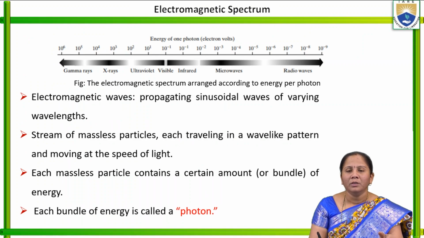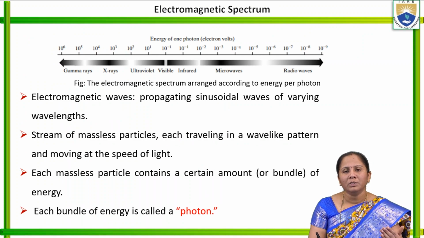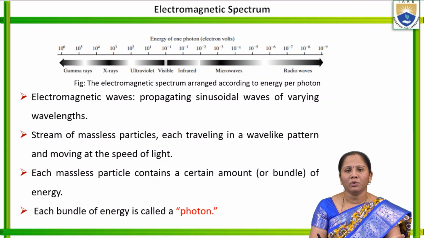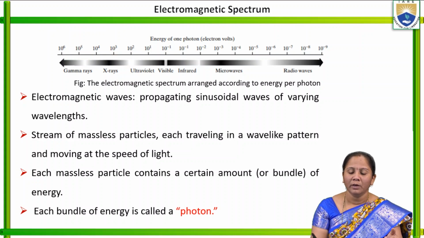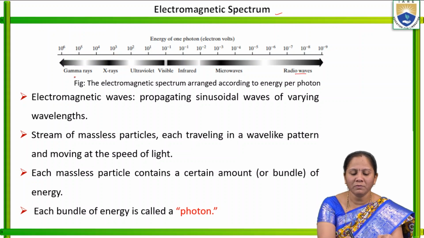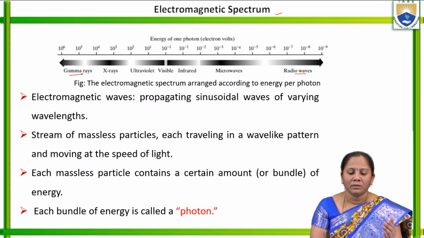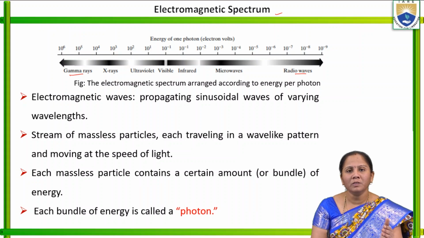Now, before speaking about the applications of digital image processing, we have to speak about the electromagnetic spectrum. The electromagnetic spectrum has different bands, starting from radio waves up to gamma rays.